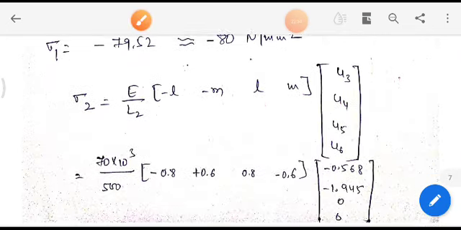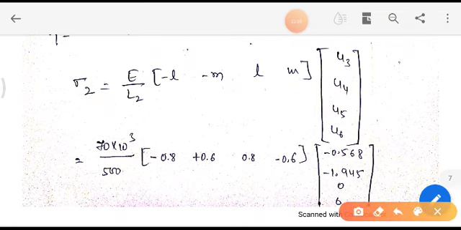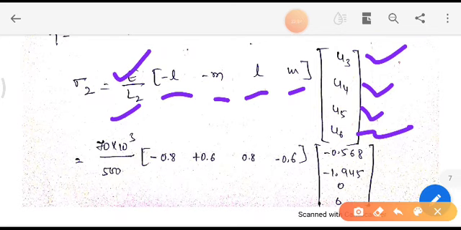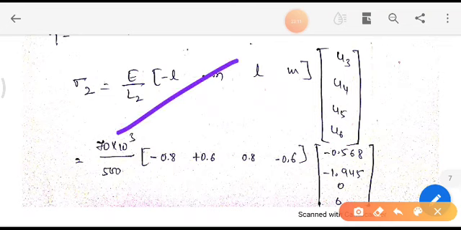Again, to determine the stress in the second element, we have this formula: E divided by L2 times minus L, minus M, L, M times U3, U4, U5, U6, because the second element is connected between node 2 and node 3.